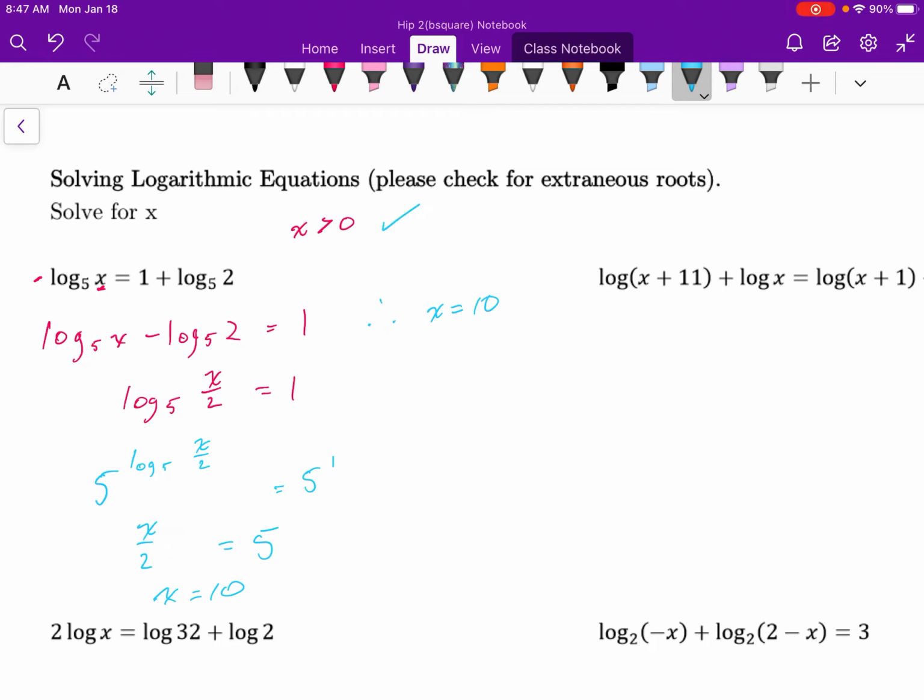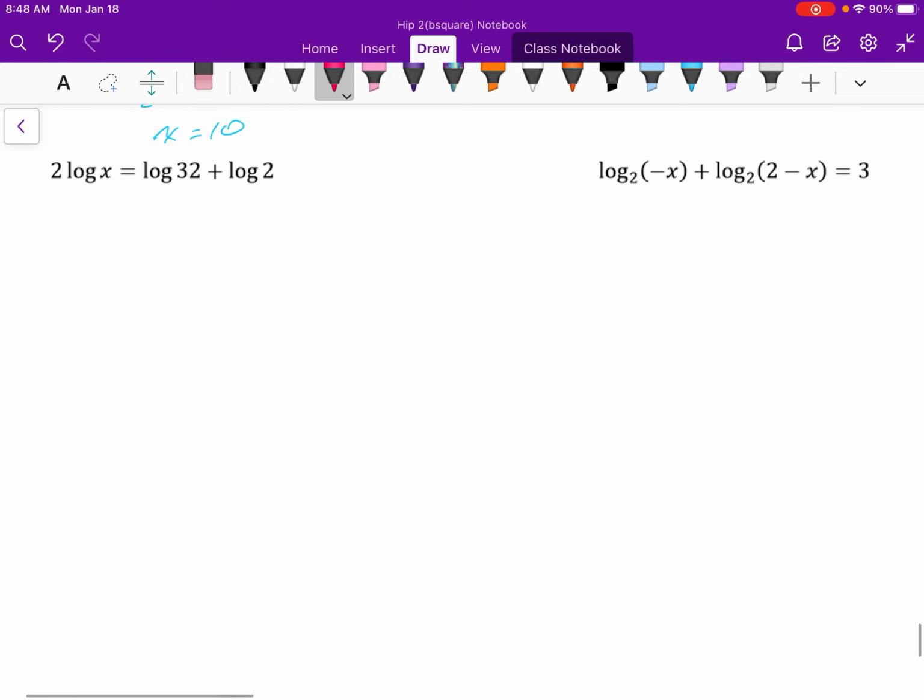And my restriction is obeyed. So that's one thing that we can do. If you ever notice that we have a constant isolated on one side, you can simply put both sides to the base of the log. And since base 5 and log base 5 are inverse functions, they cancel each other out.